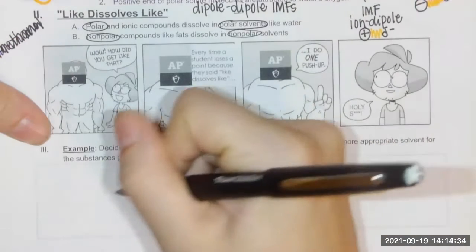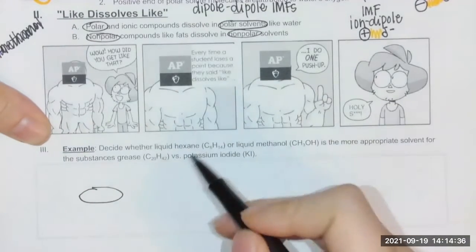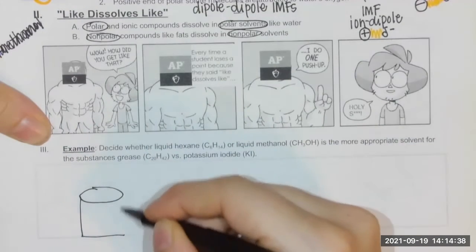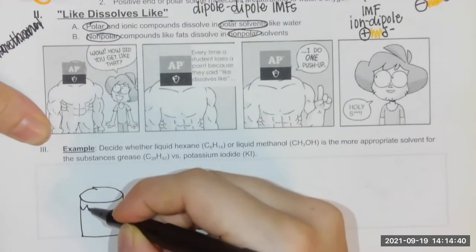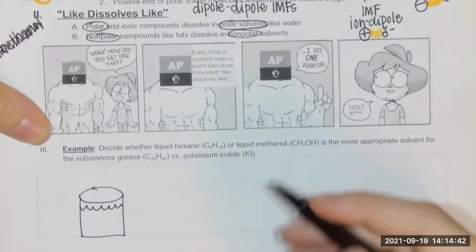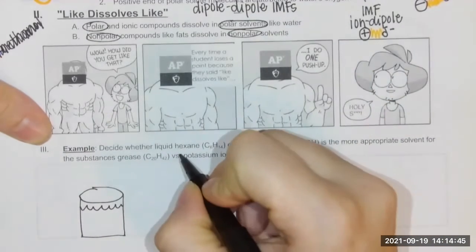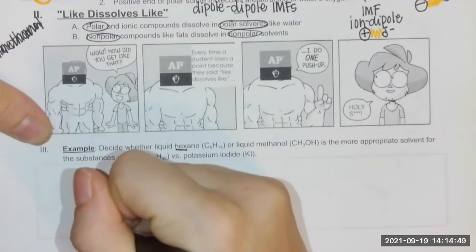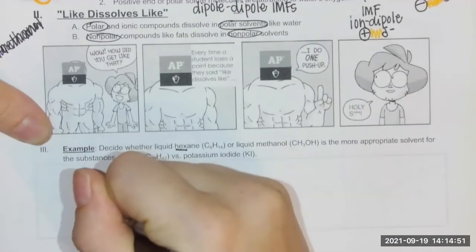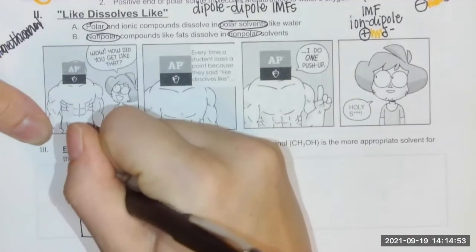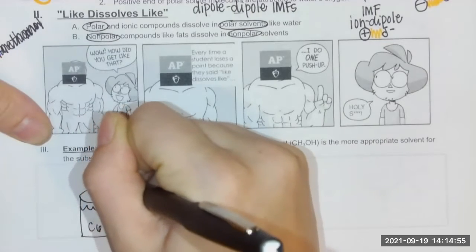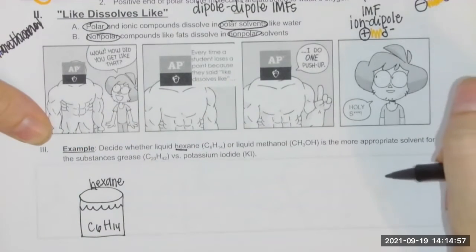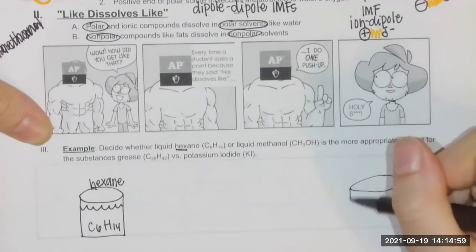So I have a glass of liquid hexane. Liquid hexane is kind of like gasoline, except gasoline is octane instead of hexane. And this apparently is C6H14. And we also have a solvent over here.